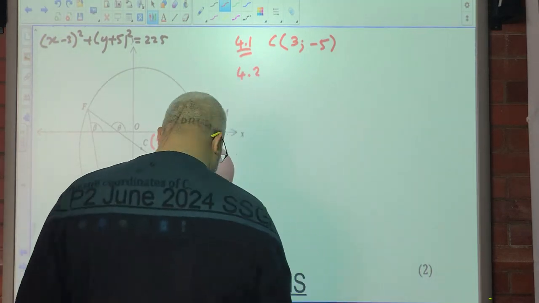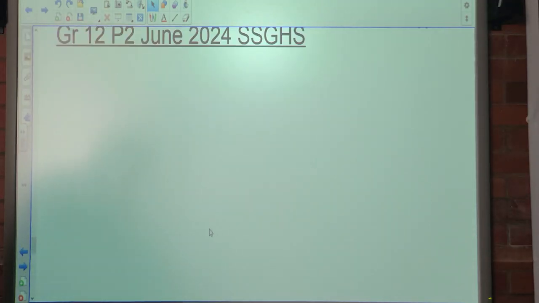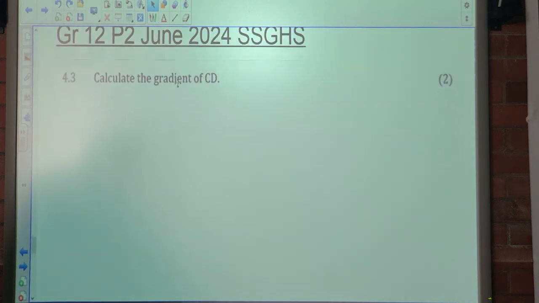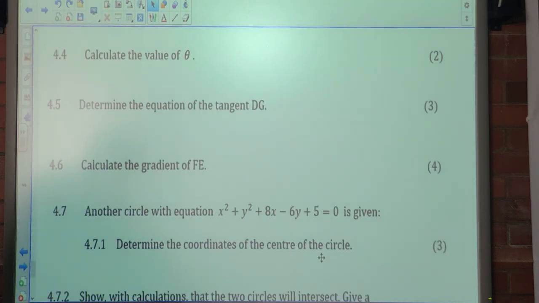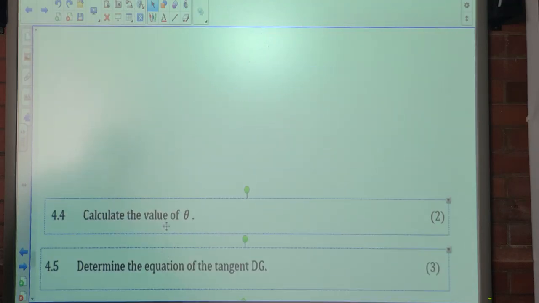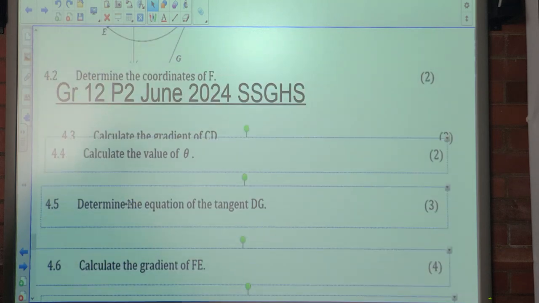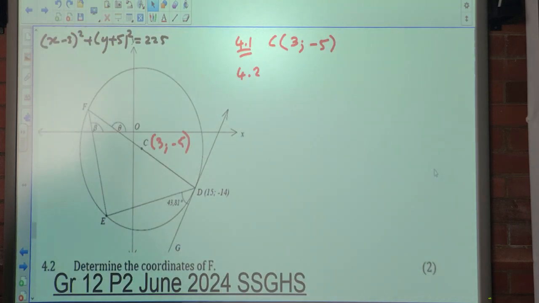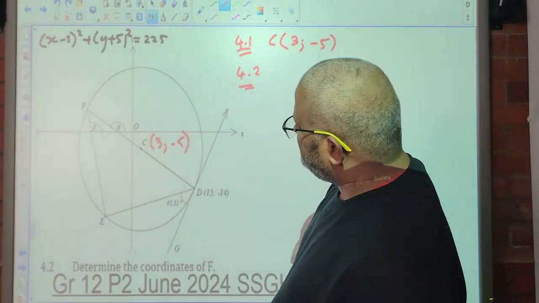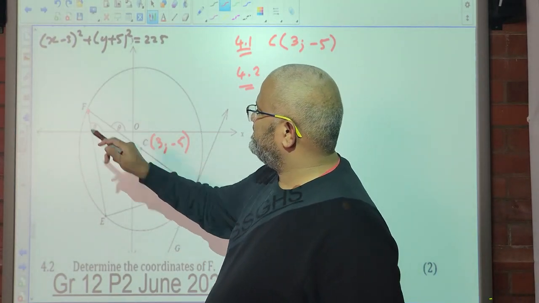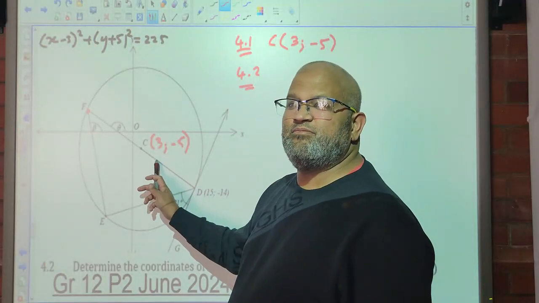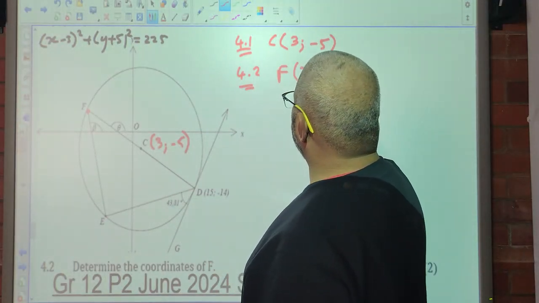Let's go to 4.2. Question 4.2 says, determine the coordinates of F, which is this point here. So what do we have? We have the one endpoint and we have the midpoint. So let F be (x; y) for now.